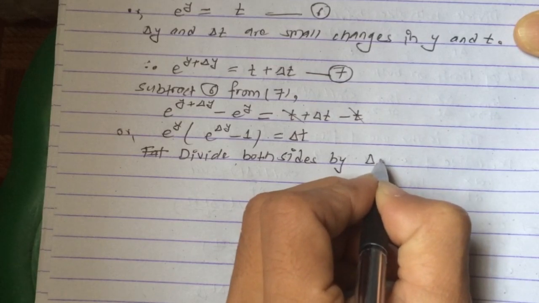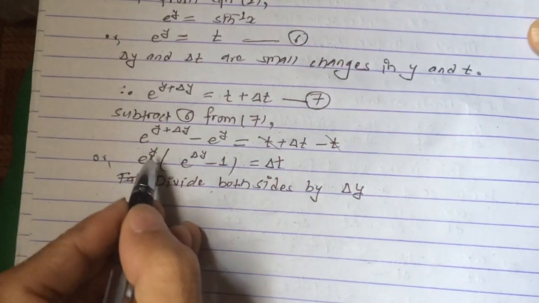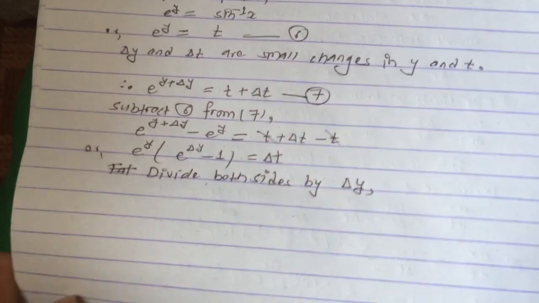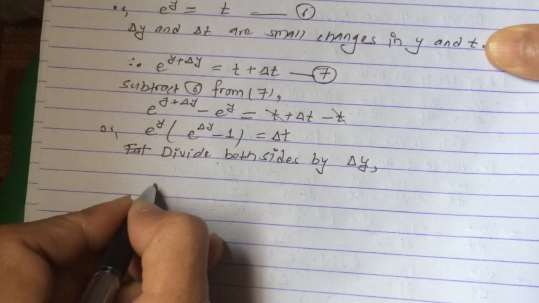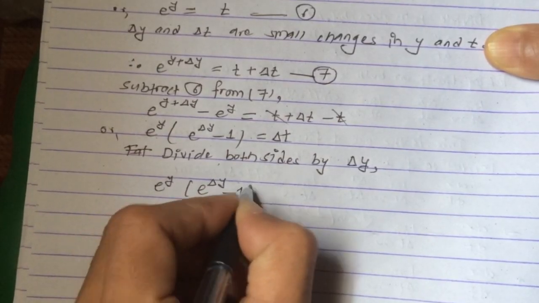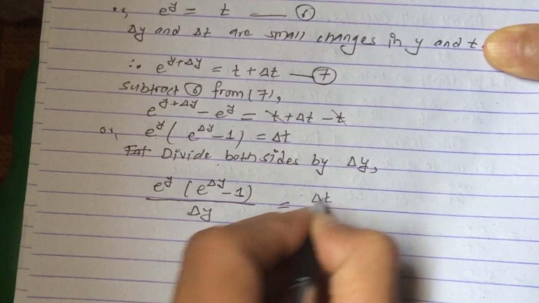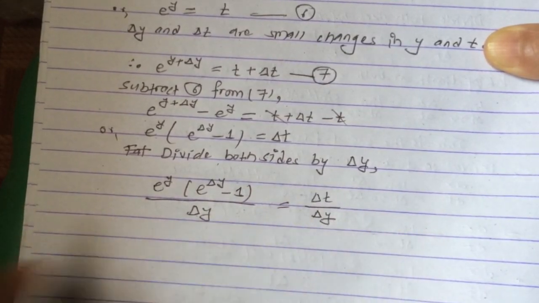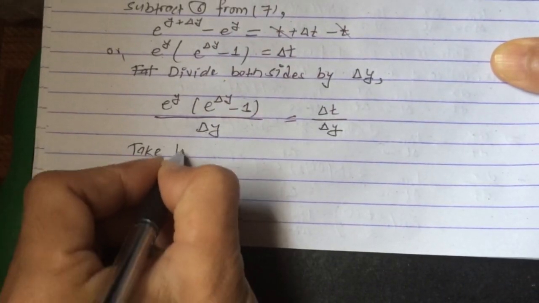Now divide both sides by del y. Then we get exponential y times exponential del y minus 1 whole divided by del y is equal to del t by del y.